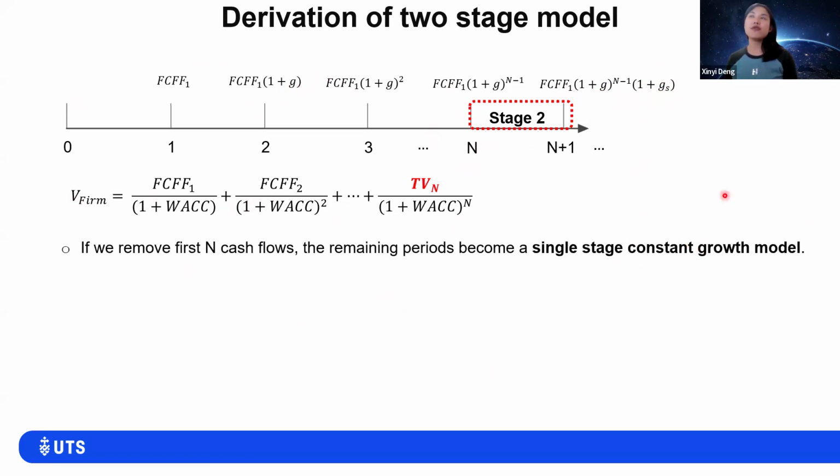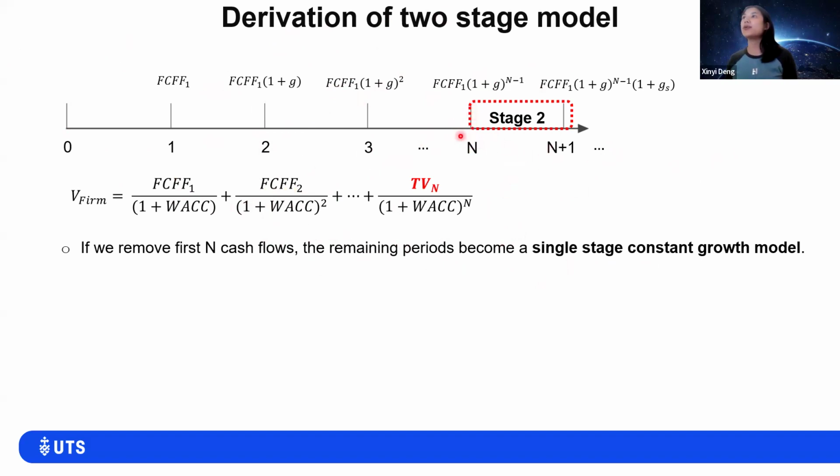So the derivation for this model is really straightforward and also intuitive. Let's just consider the scenario where we remove all the first N cash flows. What are we left with? We're actually left with a single stage model, right?